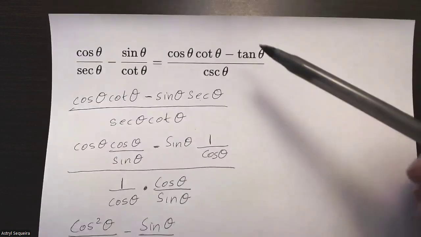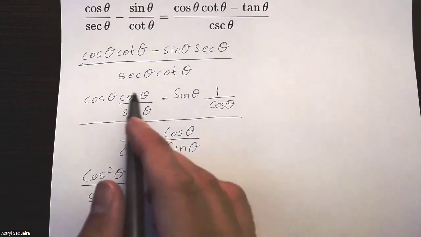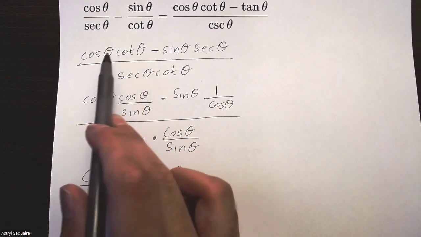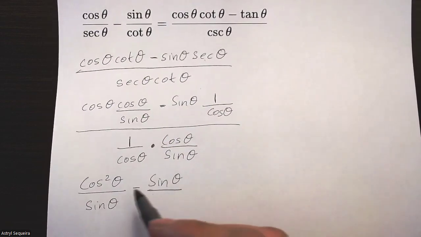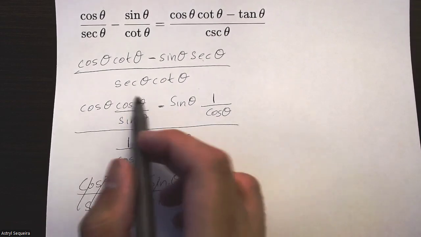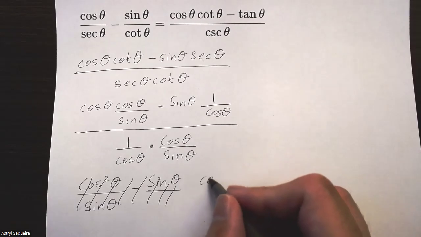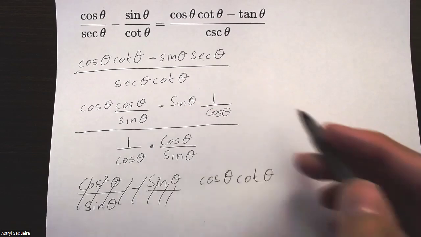I just realized the other side is cos times cot. So I won't multiply this. I shouldn't have even converted that because that's already basically the same. So I'll redo this step over here. I shouldn't have done this conversion. I didn't even look at the other side, but I should just leave it as cos times cot theta.